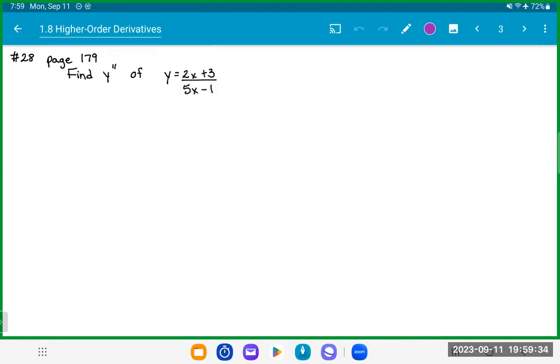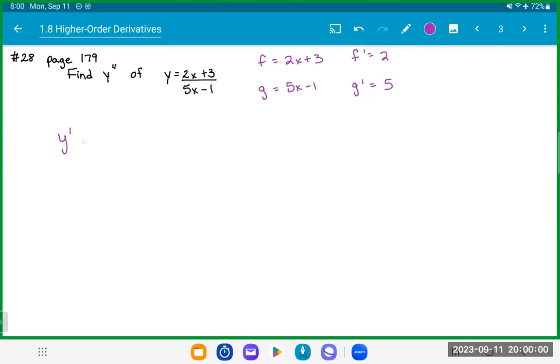Now here is a problem where we'll have to use the quotient rule, right? But we want to find the second derivative. So the first one, we have our f function is 2x plus 3. My g function is 5x minus 1. So f prime equals 2 and g prime equals 5. Okay.